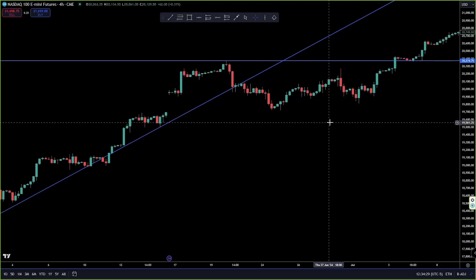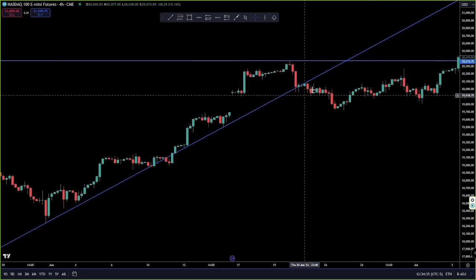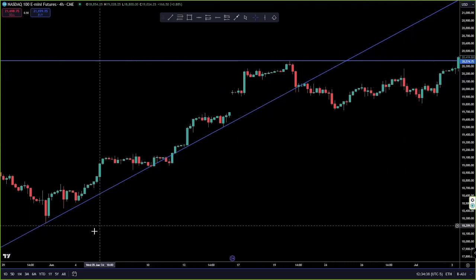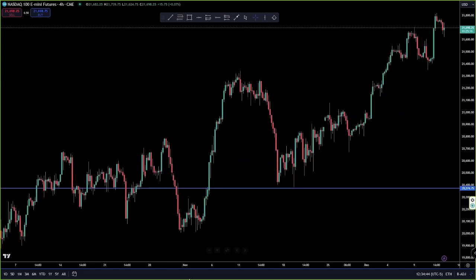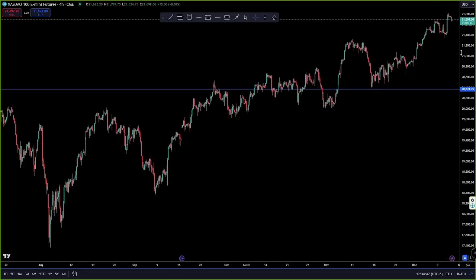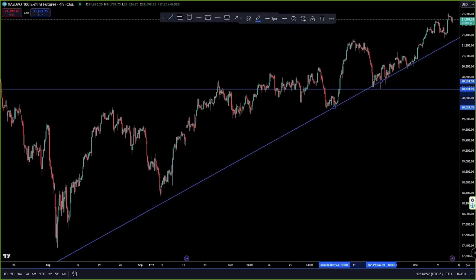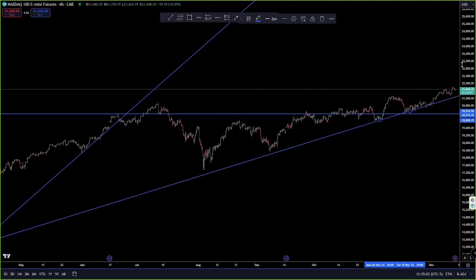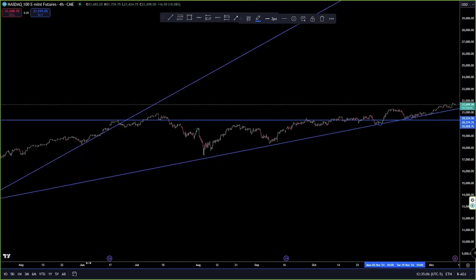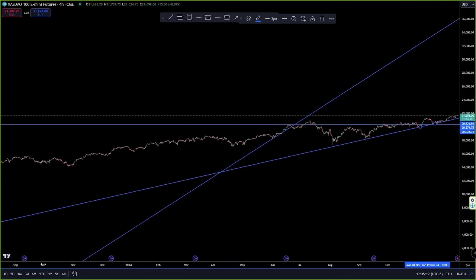All right, so we'll keep going. If we're in an uptrend and we see this, and we know that the market, here, just for fun, can you see kind of what's happening here?